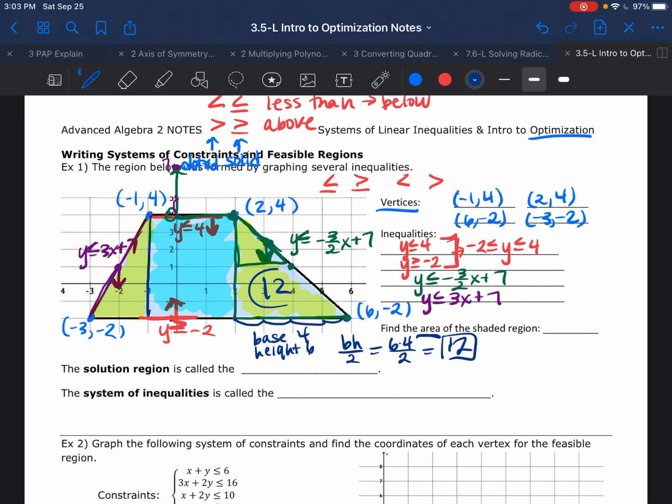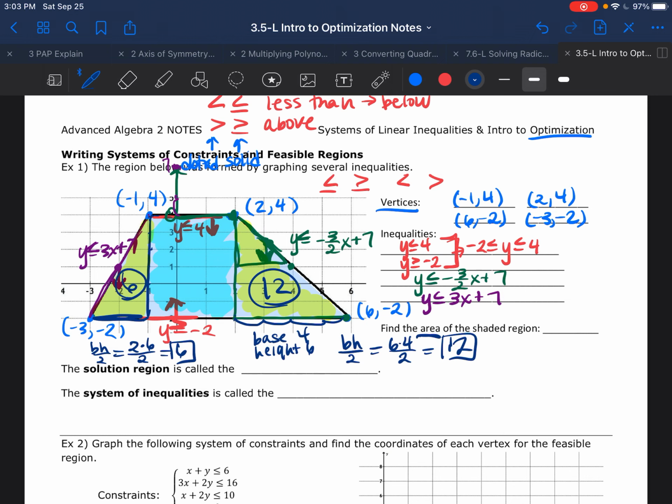Okay, so this is 12. And then over here, our base is 2. Our height is 1, 2, 3, 4, 5, 6. So base times height divided by 2 is 2 times 6 divided by 2, which is 6.